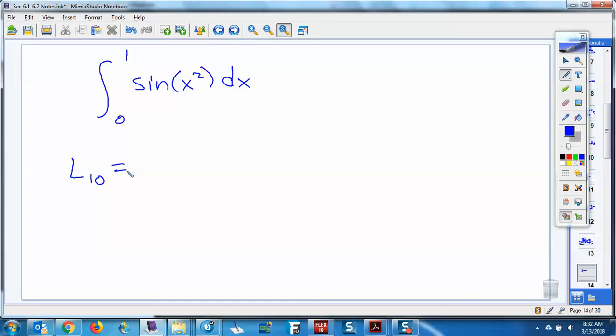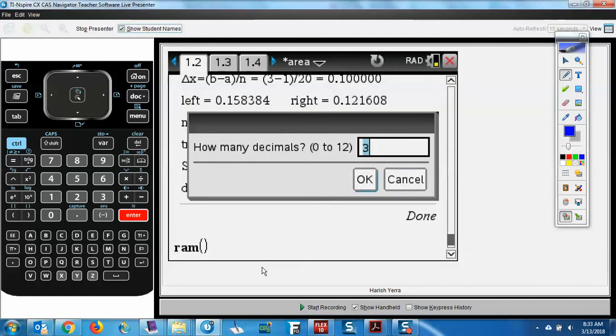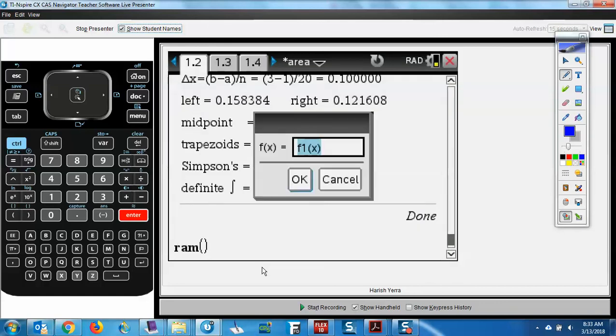But we don't know the exact value of this because there's no antiderivative for sine of x squared, right? So Harish and everybody else can do it too. We're going to get on here and let's go ahead and do an L10. So let's run the program again. Yeah, let's go 6. Let's go sine of x squared.